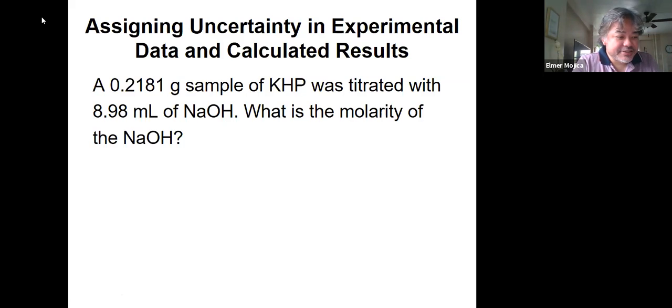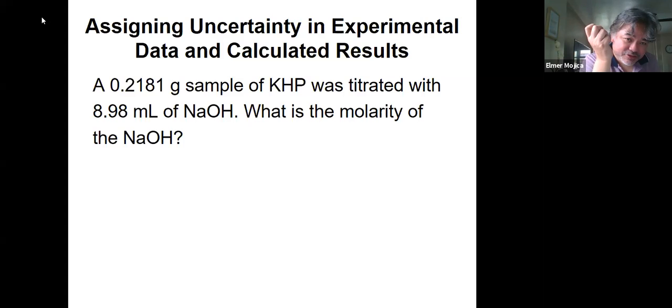Assigning uncertainty in experimental data and calculated results. So there are three ways of solving this problem.